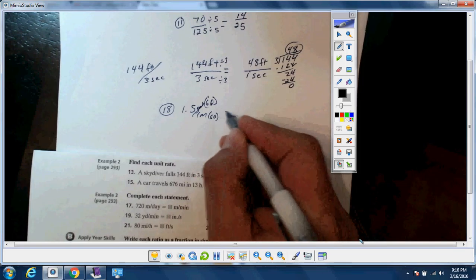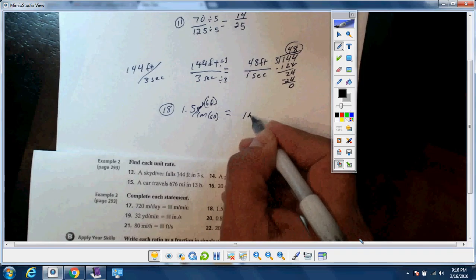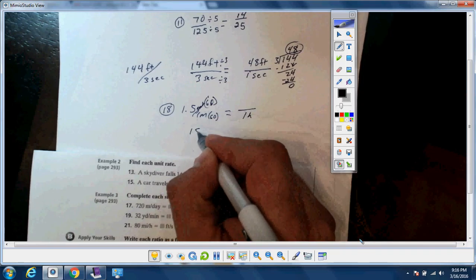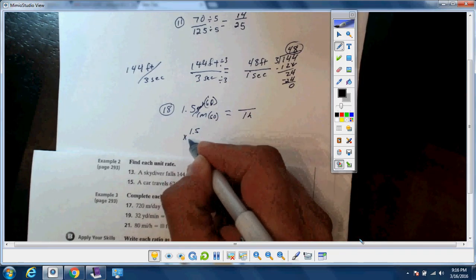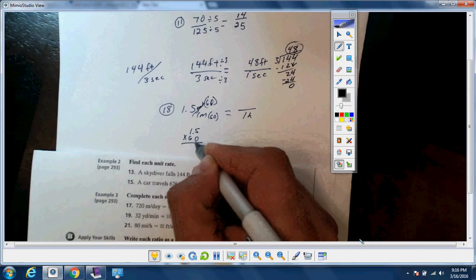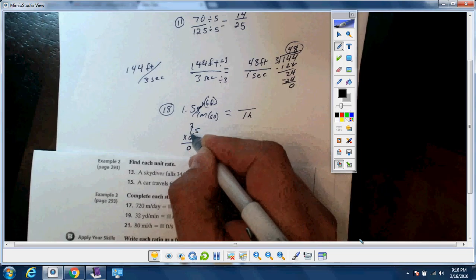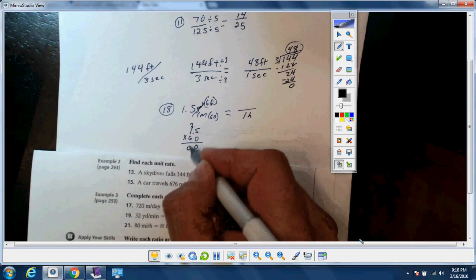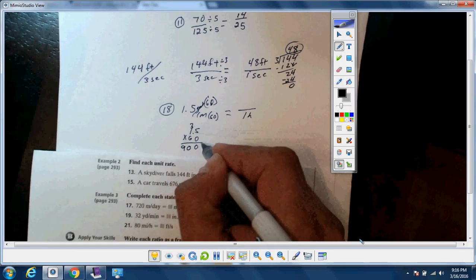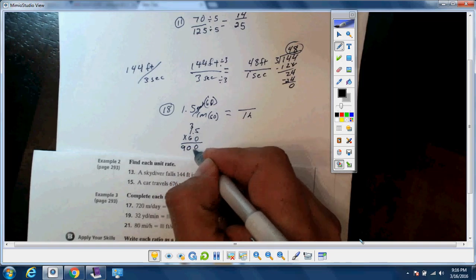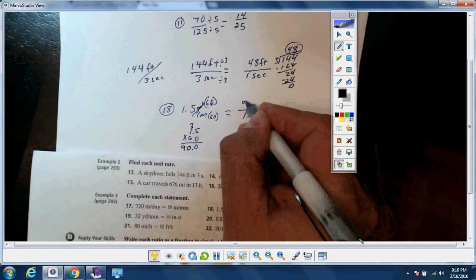So 1 times 60 is 1 hour, and 1.5 gallons per minute multiplied by 60: 6 times 5 is 30, I put 0, I carry my 3. 6 times 1 is 6, plus 3 is 9. And there's one number behind the decimal point, so it's going to be 90 gallons in an hour.